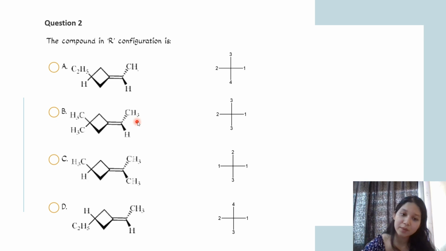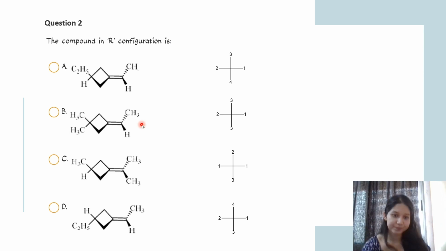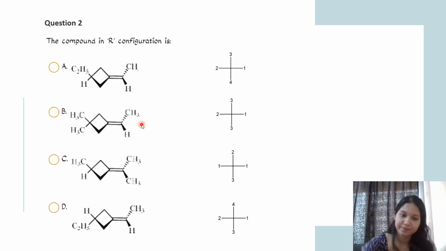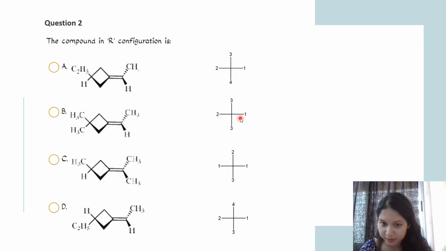Then it will come to the right side of our eye. And the hydrogen, which is coming above the plane, will be on the left side of your eye. Just imagine the horizontal plane of your eye. 1 will be on the right side and 2 will be on the left side. So let us place the priority numbers in the horizontal plane, 1 and 2.